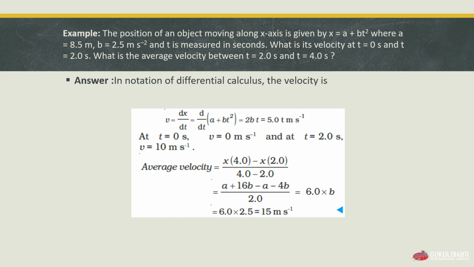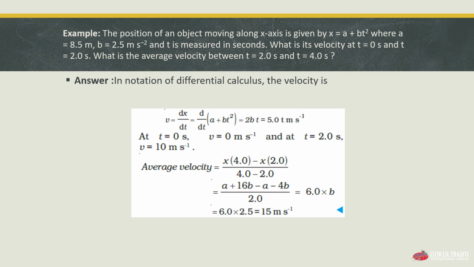Now we will move to calculating the average velocity between 2 seconds and 4 seconds. Here 4 seconds and 2 seconds are our different values of t in the equation. Average velocity is equal to x at 4.0 minus x at 2.0, divided by the time interval.